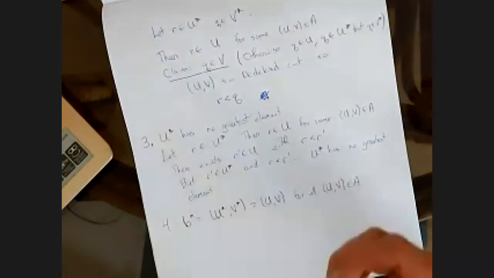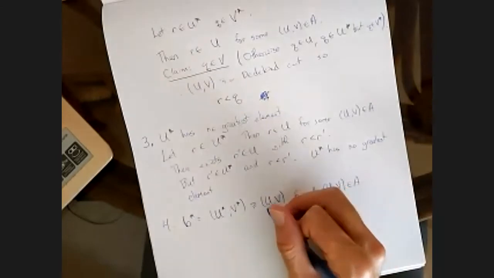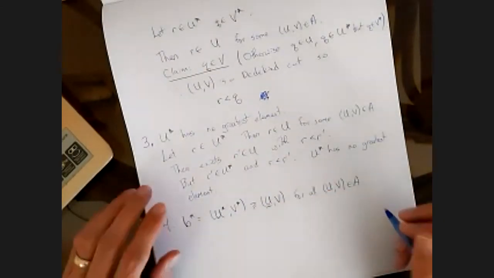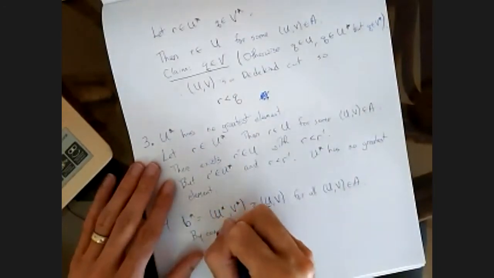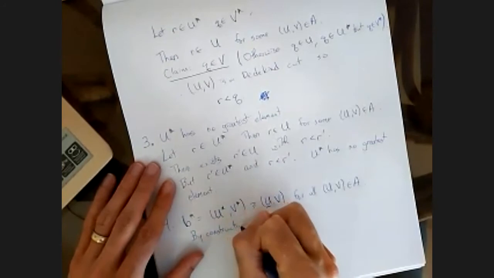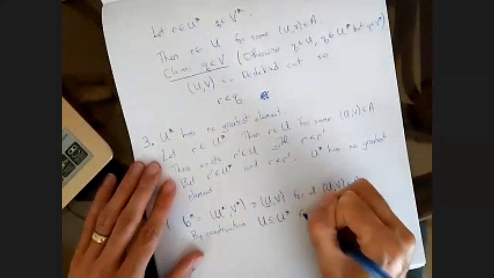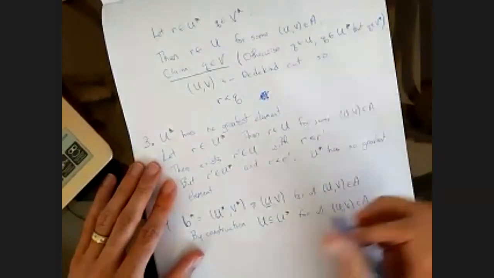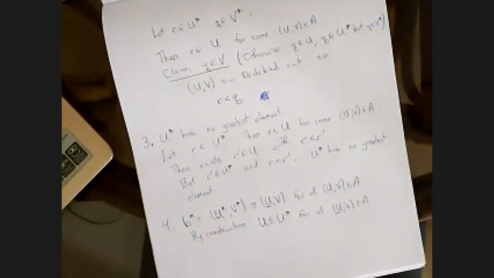Essentially, this is by construction. We've defined U star, so that contains all these. So briefly, I'll just say by construction, U is a subset of U star for all UV in A, because U star is just a union of all these U's.